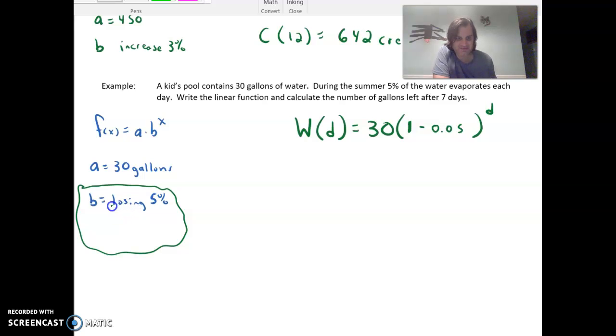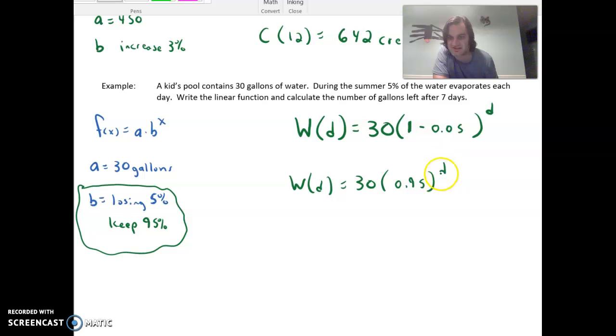So more or less, when we lose 5%, we keep 95%. If we write this out, 30 times 1 minus 0.05, that would be 0.95. That would be the 95%. So we might be dropping 5% every day, but that means we're keeping 95% of what we had.